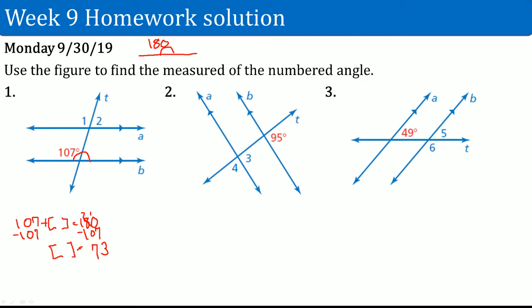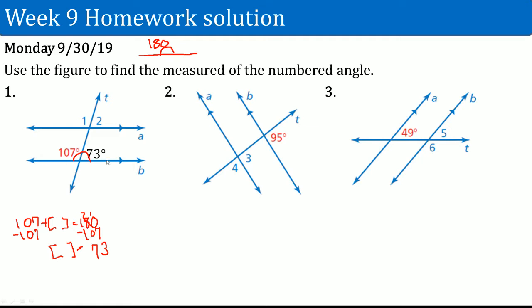So I know that that box is 73. That angle is 73 because these two angles make a line.